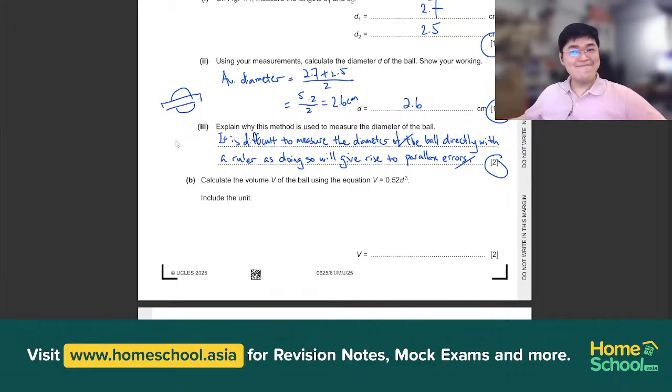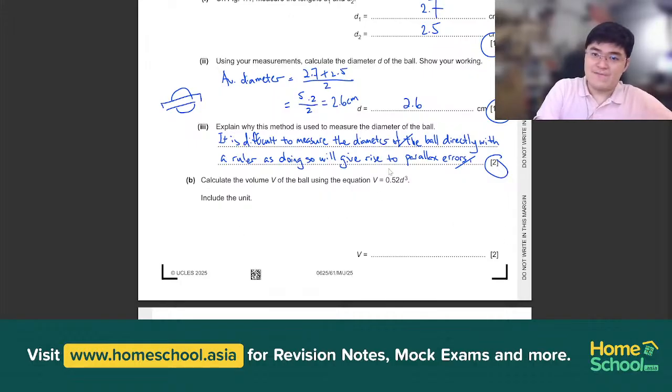So let's move on to part B for question 1. For part B, we are to calculate the volume V of the ball using this equation, V equals 0.52 d cubed. We are to include a unit as well. So let's take a look here.